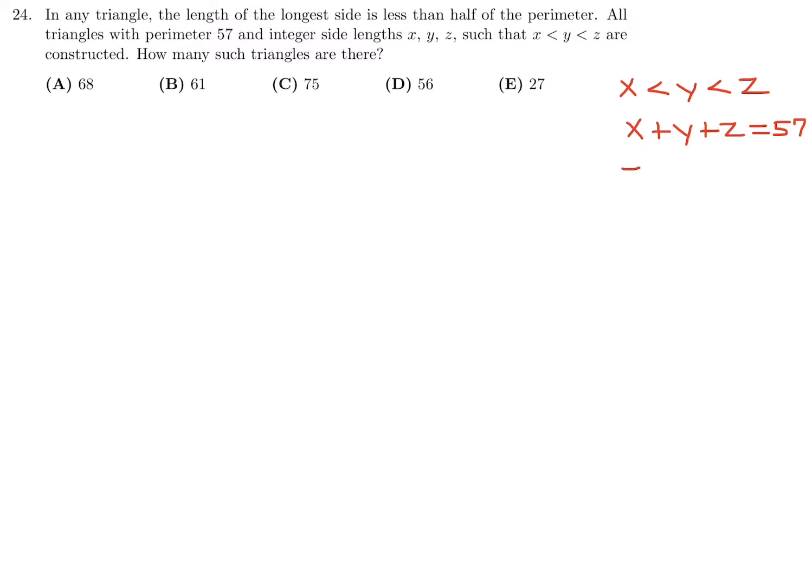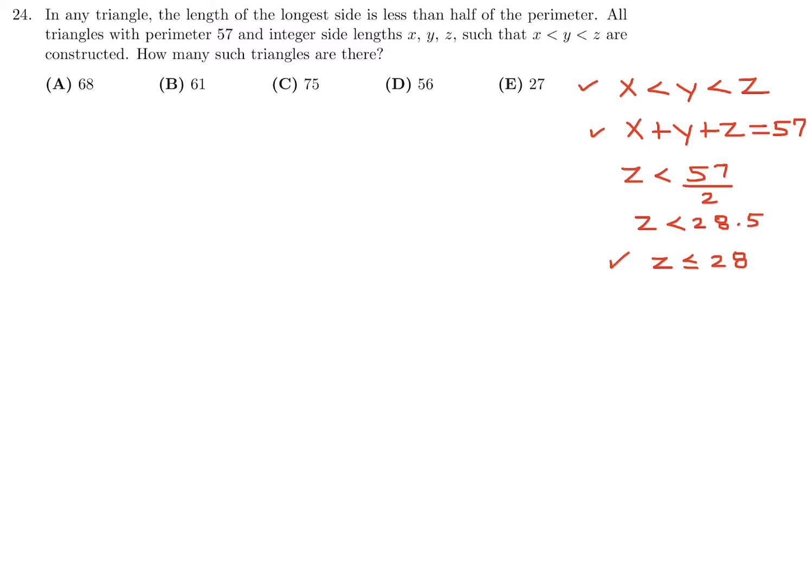So the longest side for us is z, and it's less than half of the perimeter. The perimeter is 57, so z is less than 57 over 2. 57 over 2 is what, 28.5? So z is less than 28.5, but z is an integer, so z must be equal to or less than 28.